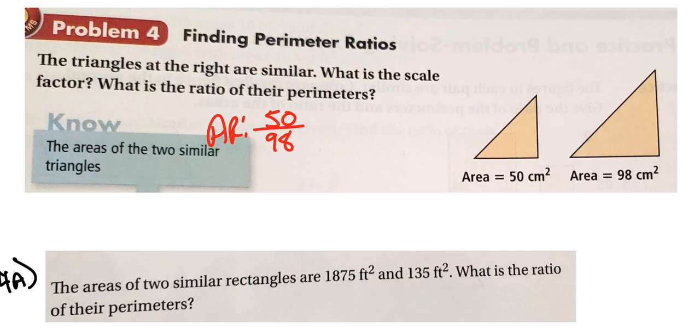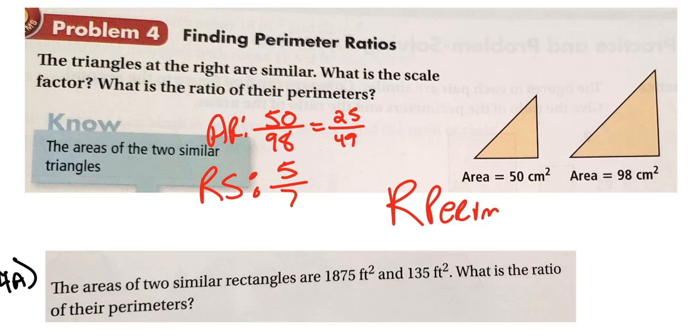So that means you should be trying to reduce this first. This can reduce to 25 over 49, which means that the ratio of similarity is going to be the square root of that, so 5/7. And since the ratio of similarity is 5/7, that's also the ratio of the perimeters.